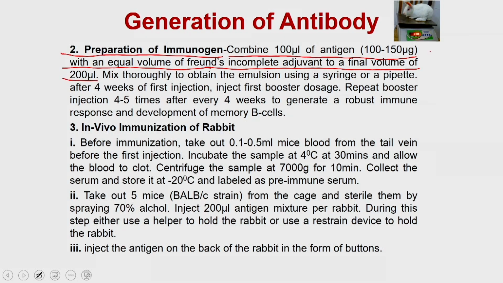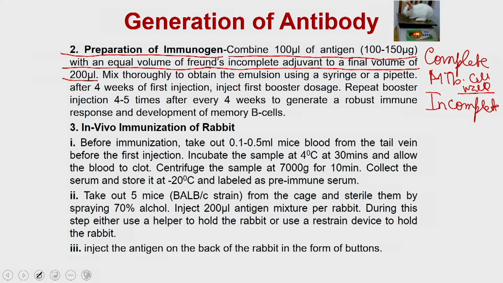What is the difference between complete and incomplete adjuvant? The complete adjuvant contains a large quantity of MTB cell wall, and because of that it activates the system. So, when you inject the Mycobacterium tuberculosis cell wall into the system, a large quantity of B cells is present around that particular antigen, and there is only a small quantity of antigen which you inject in the primary injections.